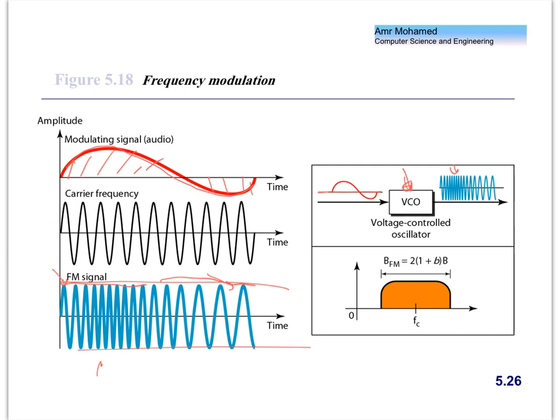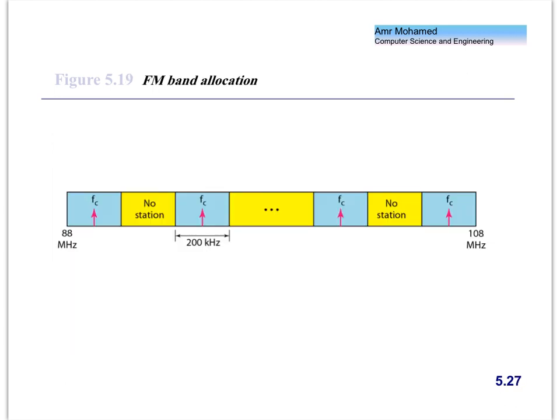We have 1 plus beta, right? So if we look at the FM radio, the other band of the radio, first of all we notice that the voice quality is high, right? Because the effect of the noise is not as significant compared to amplitude modulation. But the cost that we are paying is huge. How many times this bandwidth is compared to AM? 20 times.